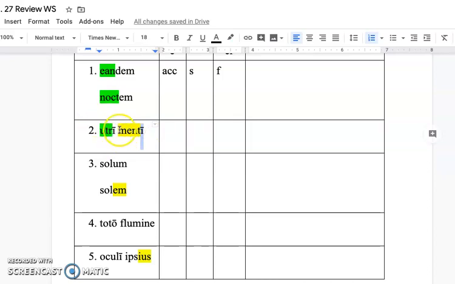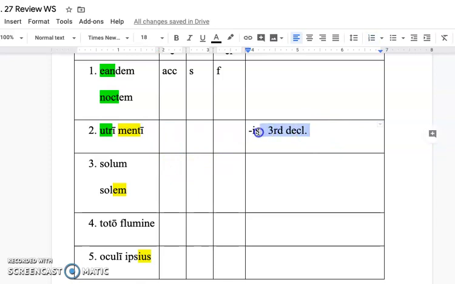So what I have to do is think about the word mens mentis and ask myself if it is second declension. If I look at that second principal part, mentis, when I have nouns that have an is ending for the genitive singular, that tells me that they are third declension nouns. So I know that menti cannot be a nominative plural form.